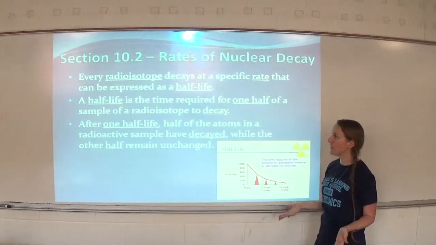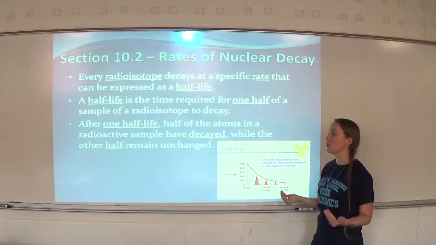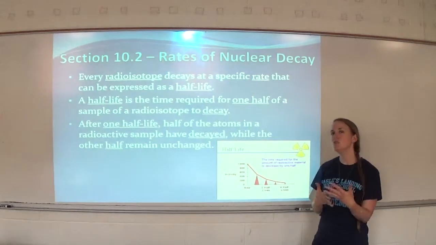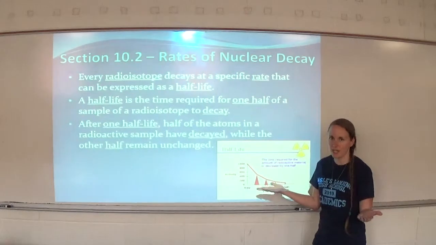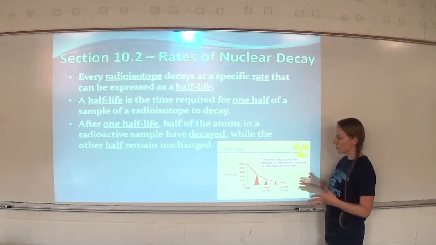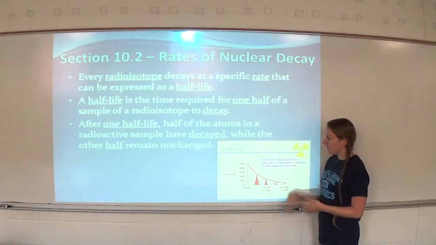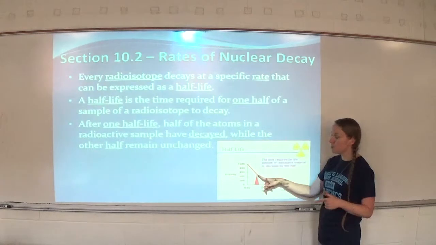After one half-life, half of the atoms in a radioactive sample have decayed, while the other half remain unchanged. Now, a lot of you like to think, well, then after 2 half-lives, it must all have decayed. But that's not the way it works. So let's say we start with 1,000 particles. After one half-life, half of those particles would have decayed, so we'd be left with 500.